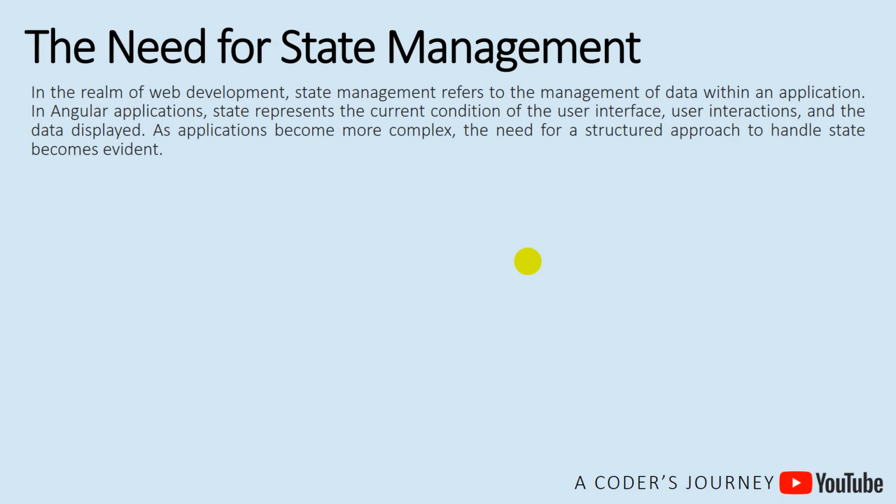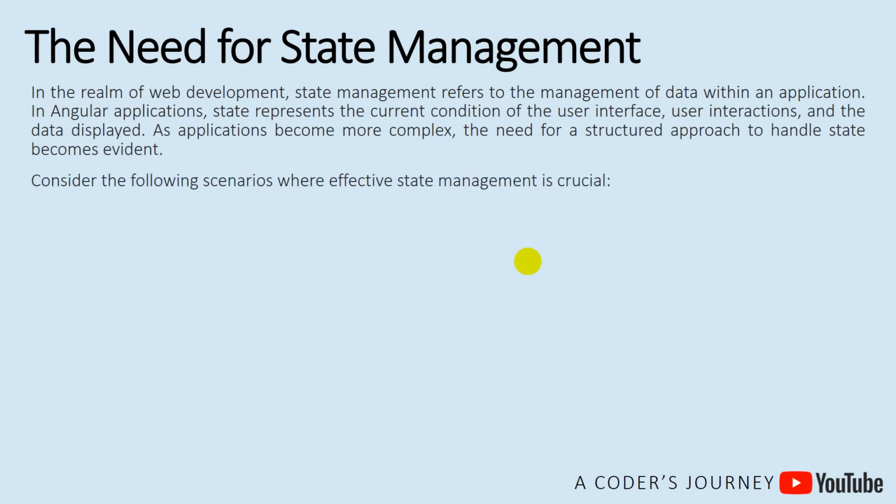So what data we display in the pages, what the user interface is all about, and what interactions the user has with our application, these are state, right? So as applications of course become more complex, we need a structured, efficient way to handle this state and the changes that occur in the state.